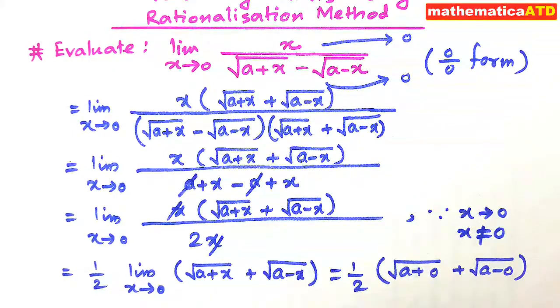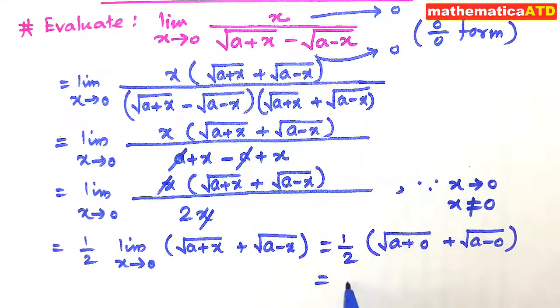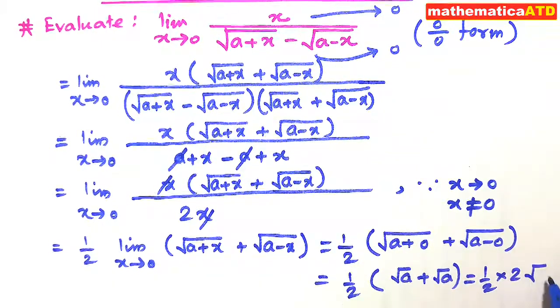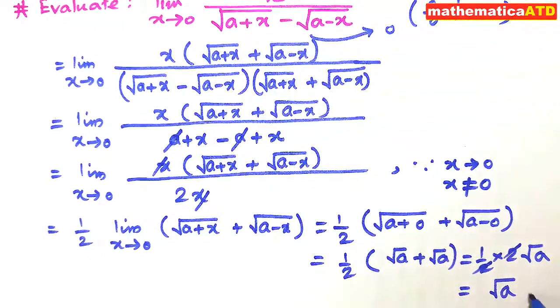So this is equal to half into root over a plus root over a, that is equal to half into 2 times root a. So 2 is cancelled, you are just getting root over a. So the result is root over a.